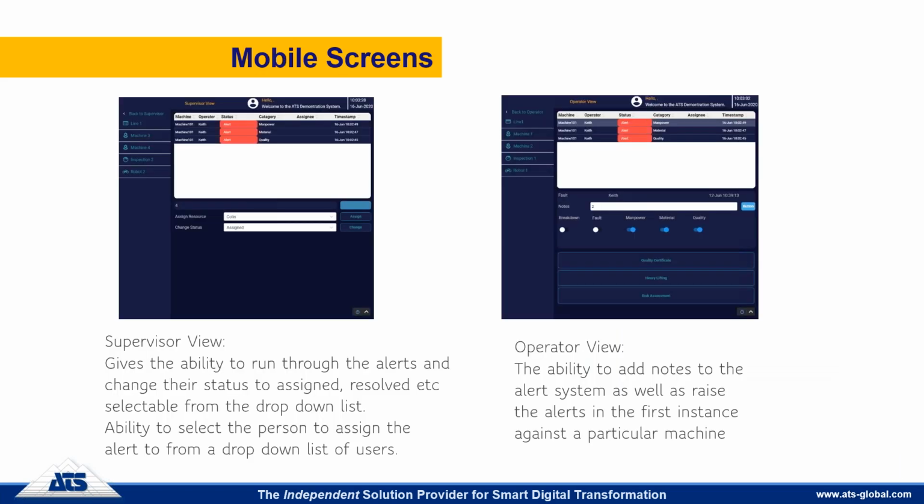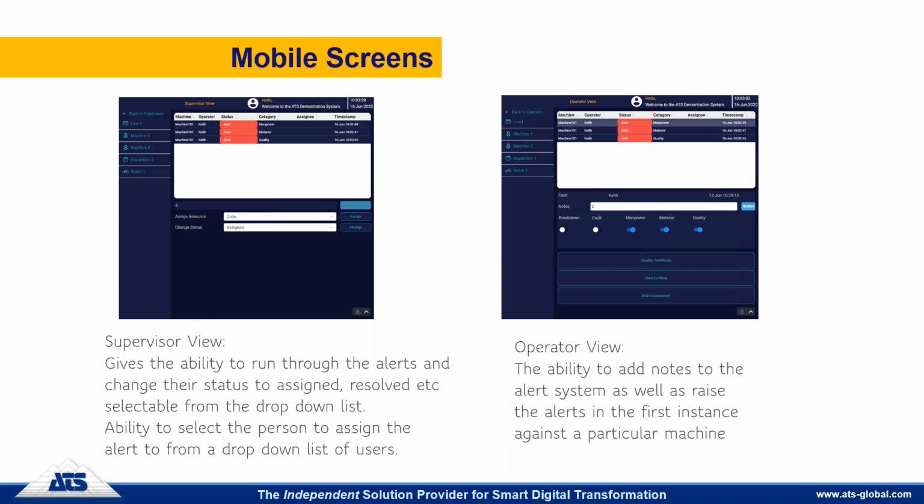So here's a more close-up look at these mobile screens. We've got a supervisor view on the left. It gives the ability to run through alerts, change their status to assigned or resolved. So a supervisor or team lead could look at these faults and assign them to particular team members to resolve.